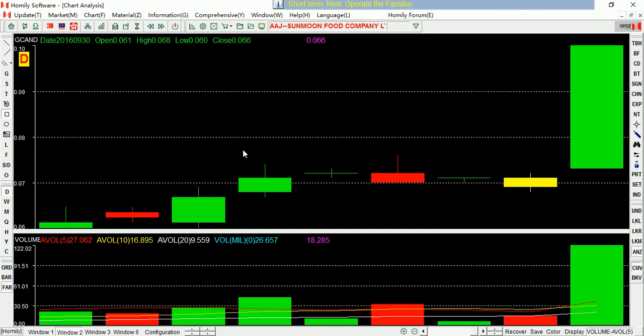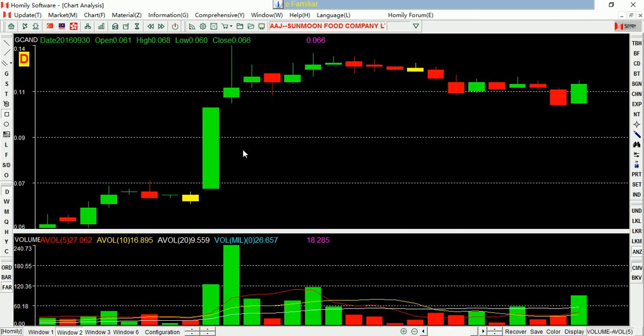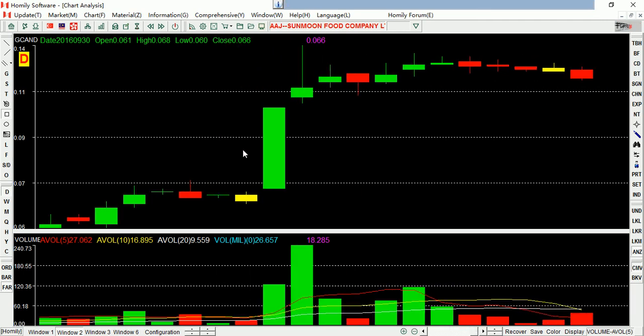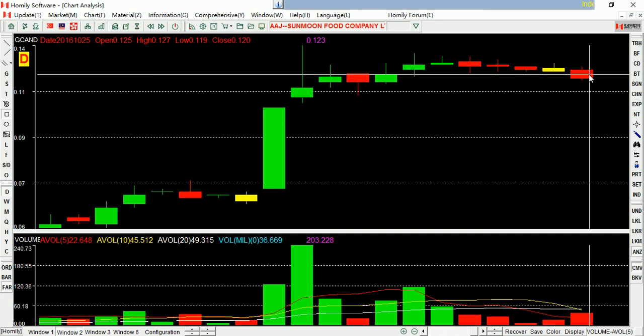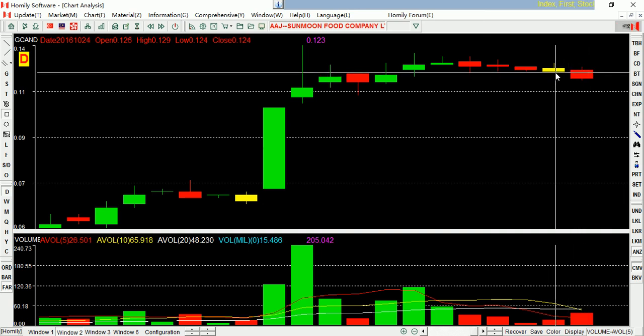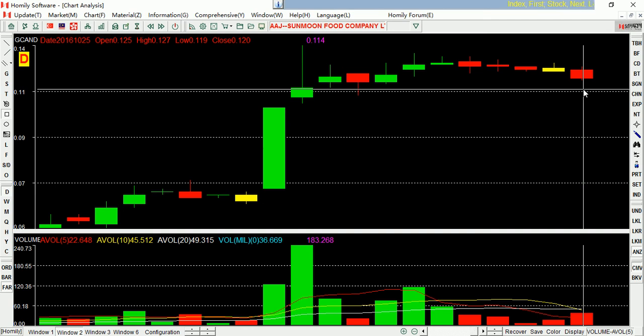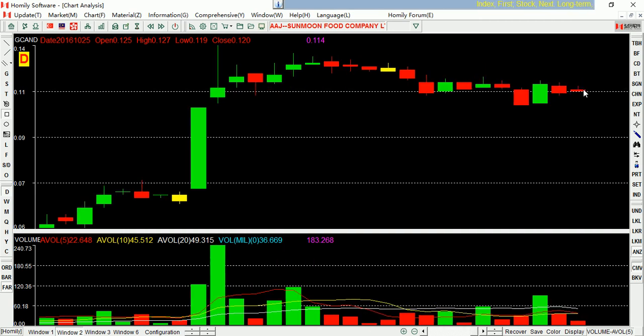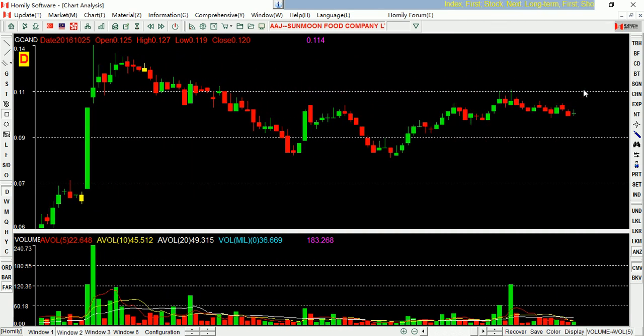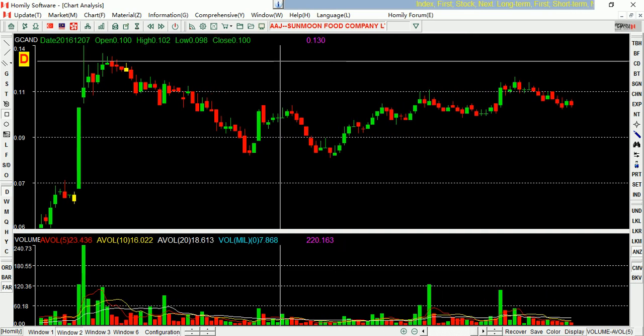Next one, continue to go up, sell or not, still can keep, okay? Because then we can see here, sell or not. The price falls below the low price of the yellow candlestick, sell or not. Here you should sell, okay? So you should learn this trading strategy.